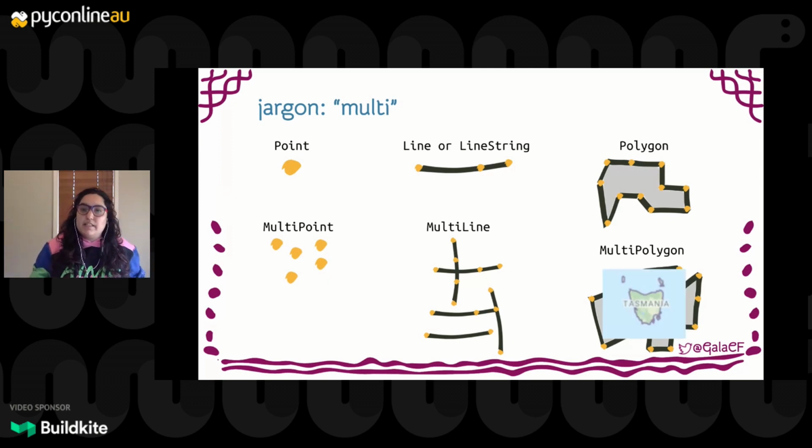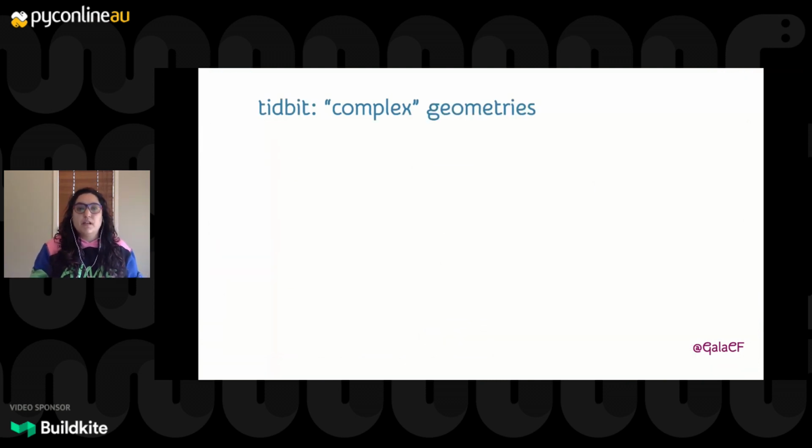And a good example of this is, for example, Tasmania. If I look at the polygon that is Tasmania, it's actually separated polygons, but all of it is Tasmania. So if I was, for example, to get a file that had data of Australia, Tasmania might all appear in one row. And that can create lots of problems when you're working with geospatial data. So it's something to think about.